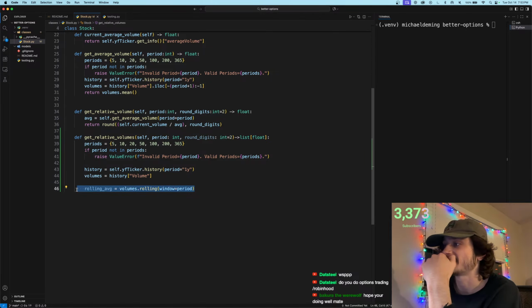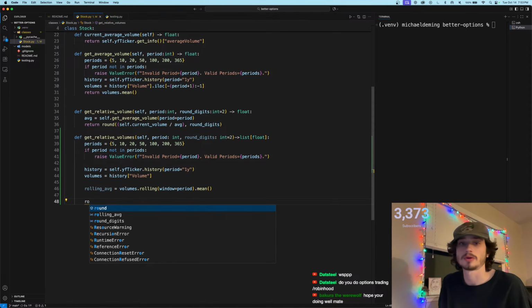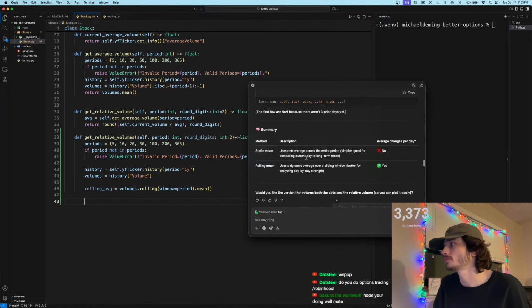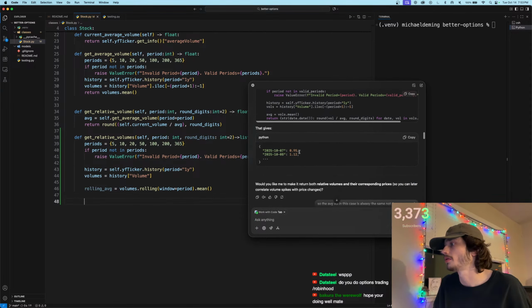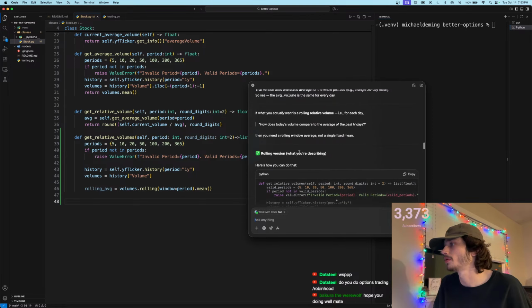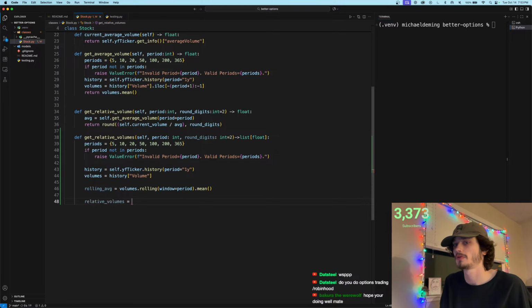Okay, so this is a list. Got you. And so then you just do the volumes. You do the relative volumes, which is equal to volumes divided by the rolling averages.